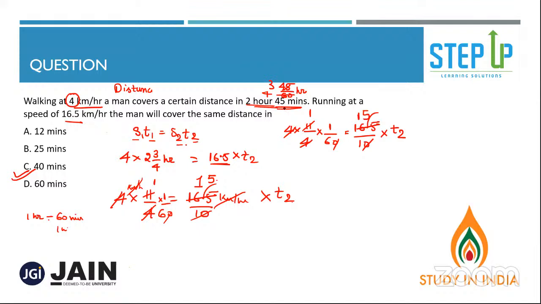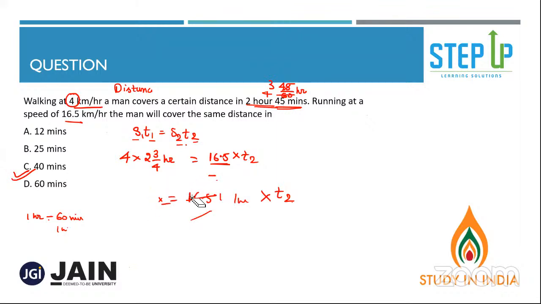2 hours 45 minutes, if I convert, 120 plus 45, is 165 minutes. Let's make it simpler. Yes, people, 40 minutes is the answer. This was a wrong calculation, so thank you, Lakshmi.